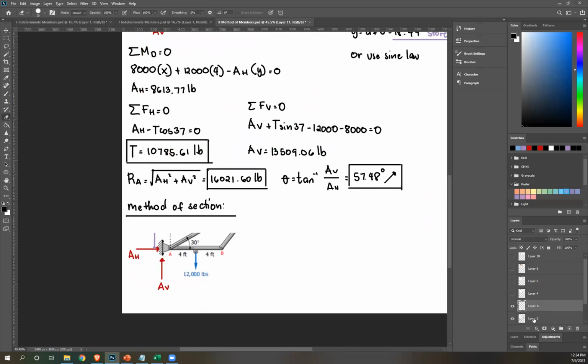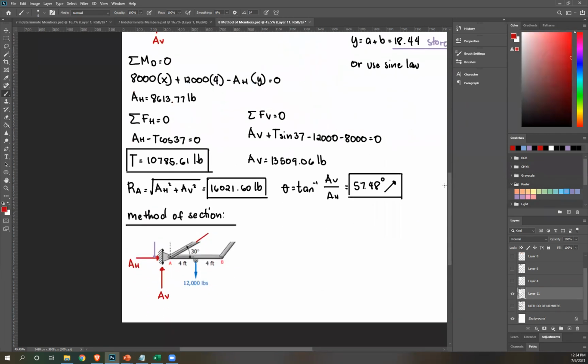Now that you have this section, remember wherever you cut your member, that is where your forces will show up. So meaning here, there's gonna be a reaction here. That is member AC.